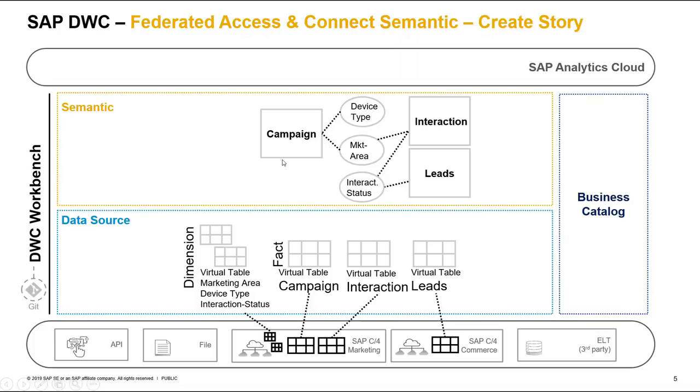As we're done with the semantic modeling right now, we're almost ready to generate the story using SAP Analytics Cloud, which is called campaign analysis. Within the story, we're connecting to the semantic model and get access to all the information based on the semantic model, which later on connects to the data sources where the data will be retrieved from the remote systems.